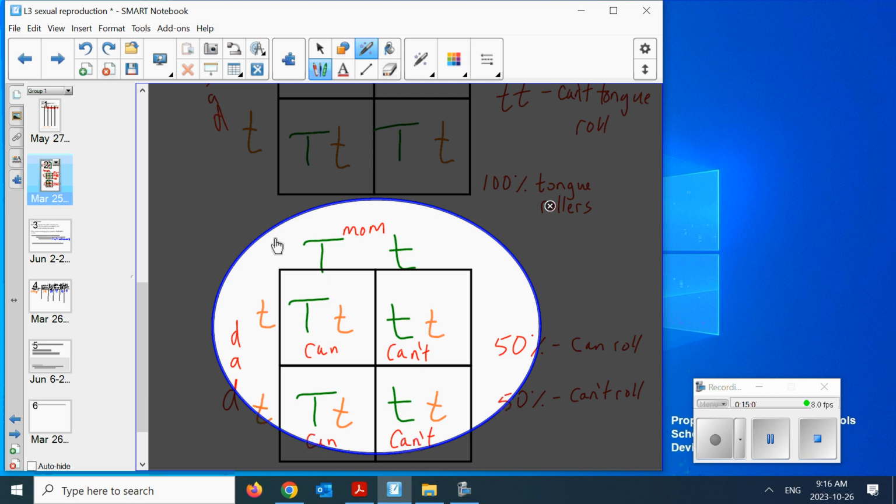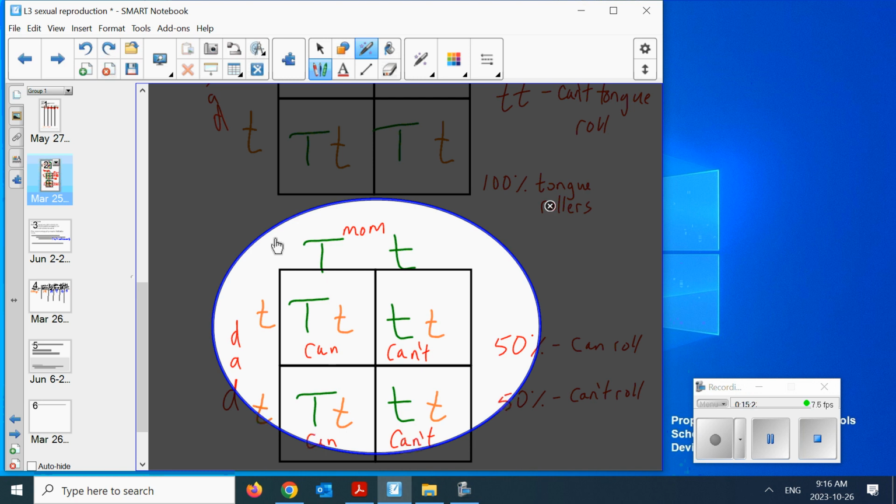Does that guarantee that the mom is big T, big T? No, because this is just probability, right? You would only know that the mother is big T, little t if you eventually had one child that can't.